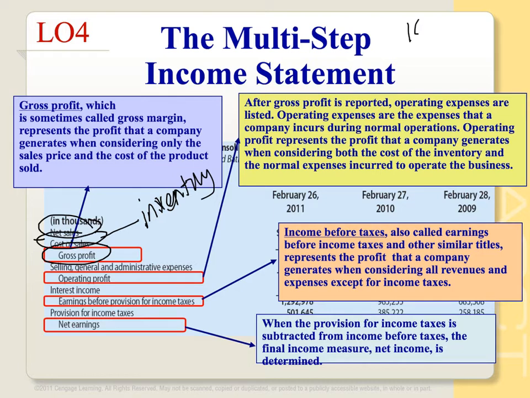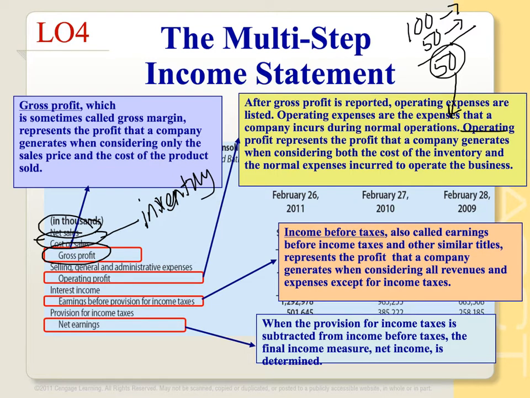sold for $100, that's what you paid at the cash register, and the company bought it for $50, that's what's going to be charged to cost of sales. You would end up with $50 of gross margin or gross profit. From that gross profit, you then take all of the operating expenses out.